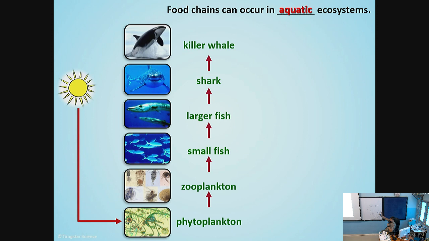Who is number 3? Come here. You read the food chain in the aquatic ecosystem. Start from phytoplankton. No, no, no. You read it as: the phytoplankton is eaten by.